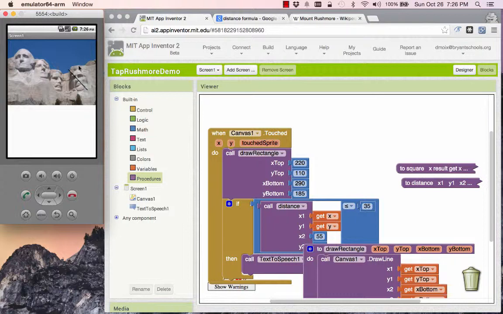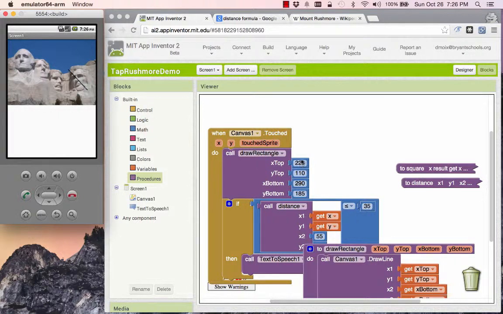You know what? That's close enough for now, just for a demonstration. So this is the top left boundary of my rectangle at 220, 110. This is the bottom right boundary of my rectangle at 290, 185. And I essentially want to know, is the place where the user clicks horizontally between here and here?